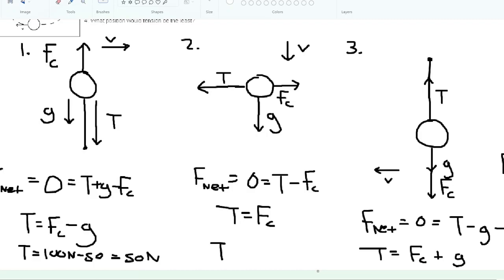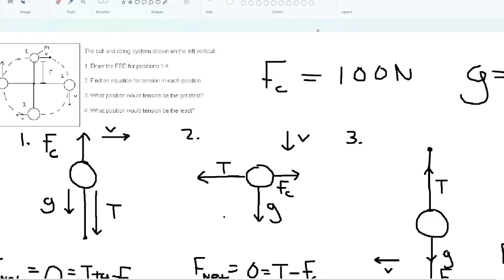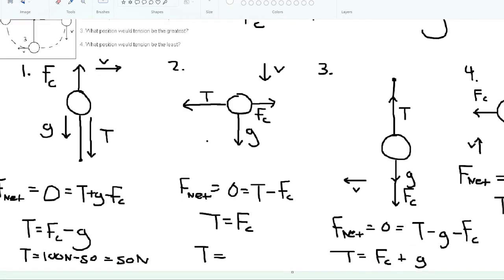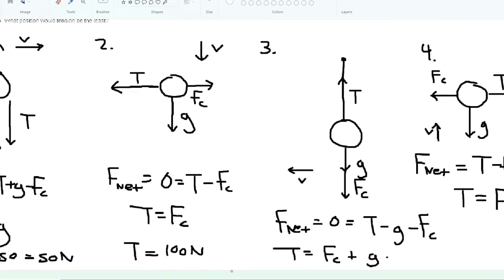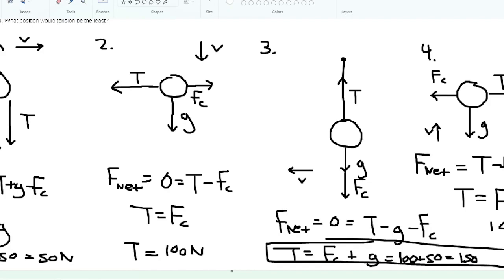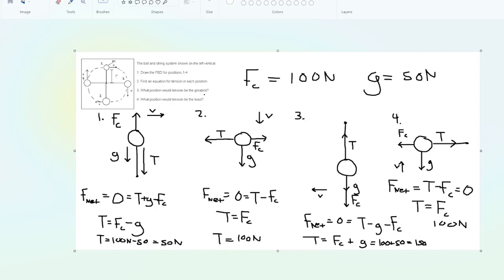Tension right here will be equal to 100 newtons. Tension right here will be 100 plus 50, which is equal to 150. And tension right here is going to be equal to 100. So we can see quantitatively that this one is going to be the greatest. When we're at the bottom, that's when tension is going to be the greatest.